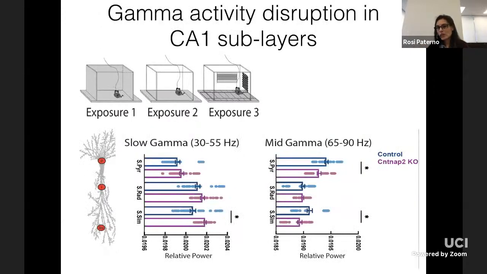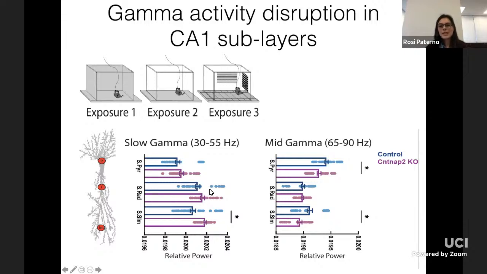This is the structure of the hippocampus, used to interpret the results about the power spectrum across the different layers of the hippocampus. And we in particular focus on the slow gamma and the mid gamma to understand the input from CA3 and entorhinal cortex.